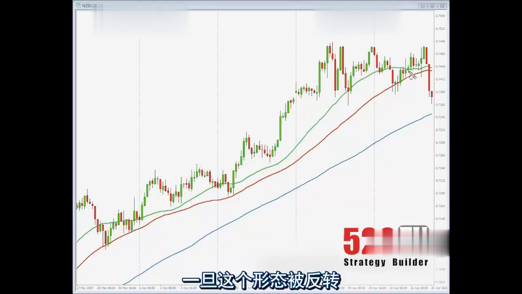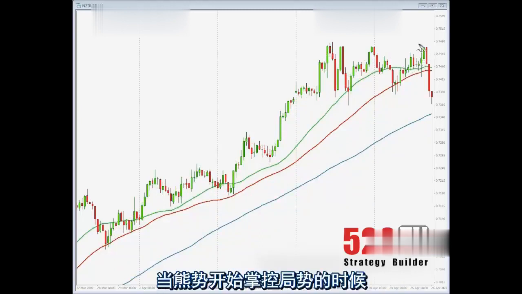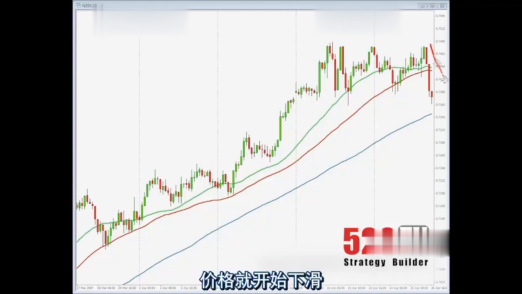As soon as that situation turns around and the bears regain, sorry, I couldn't find the right word, regain the control of the situation, price dives back down and begins to near the 100 simple moving average.